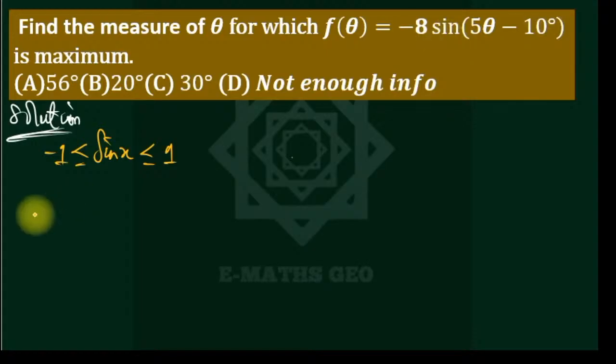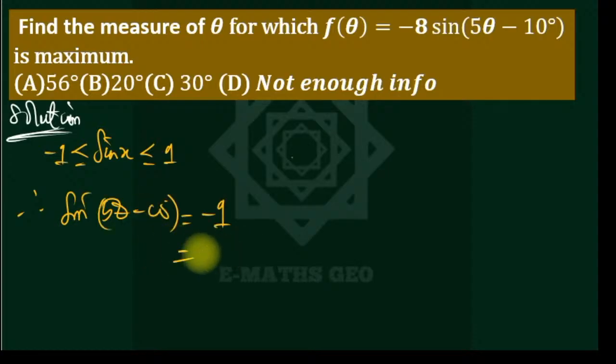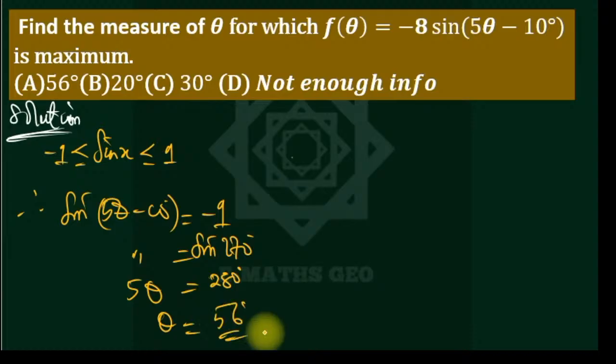So we are saying that therefore sine (5 theta minus 10 degrees) should be equal to -1, which is sine 270. And from here we see that 5 theta will be 280 degrees, making it the subject of formula. Therefore theta is 56. So that's the answer, option A. So thank you.